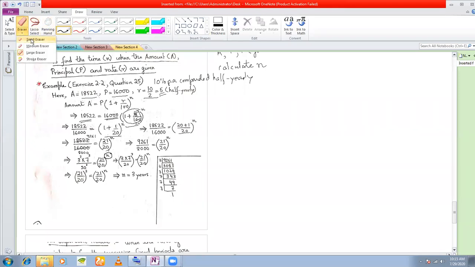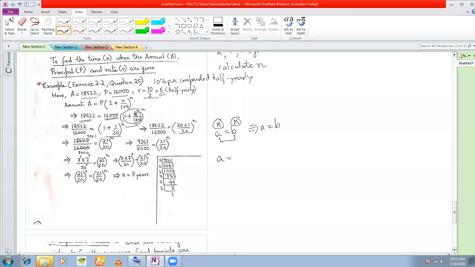I am simply working with the bases. If I want to calculate the time, I want to make the bases the same, because from the laws of indices you know that if a to the power of n is equal to b to the power of n, that is, if the powers are the same, then the bases are the same, a equals b.